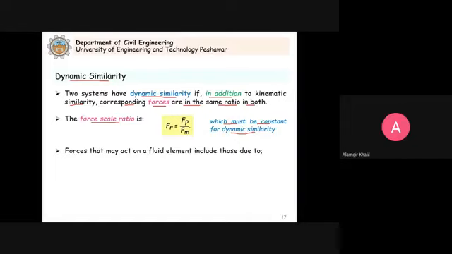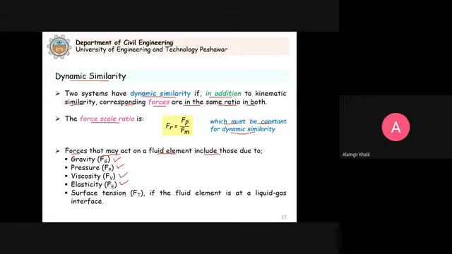Now what are the forces? Forces that may act on a fluid element include gravity force, pressure force, viscous force, elasticity, and surface tension, if the fluid element is at a liquid-gas interface.